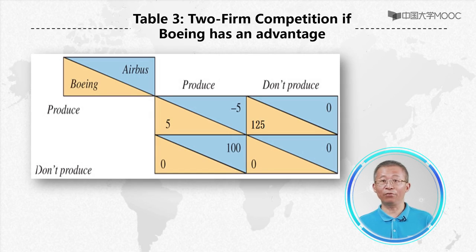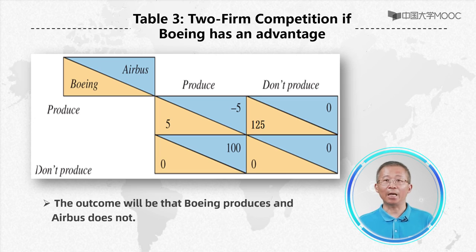In the absence of a subsidy, when Boeing has a cost advantage in aircraft production, Boeing earns profit of 5 when both firms produce, and the profits of 125 when Airbus does not produce. The outcome will be that Boeing produces and Airbus does not.